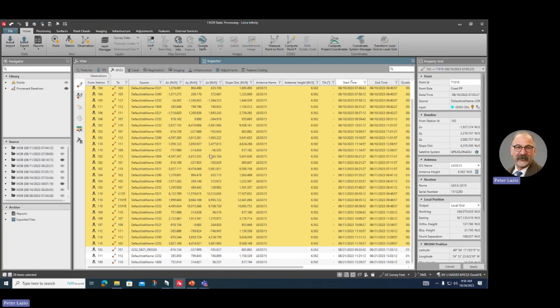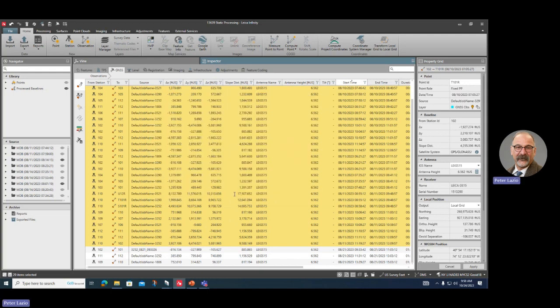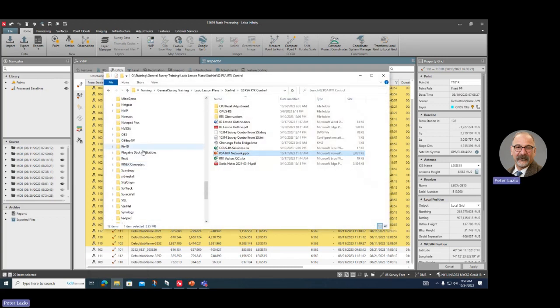You would highlight this and do a save as, and you could save this as a CSV. And you would bring this into Excel in order to do your QC.